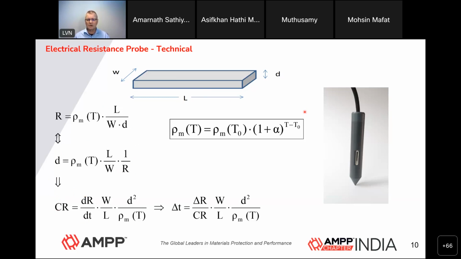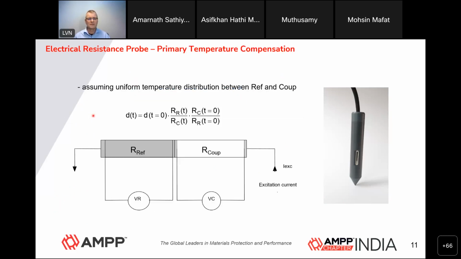Right? The drawback of this principle is that not only the dimension of the element affects the resistance of the element, but also the temperature. And therefore you need to embed another element inside and shield it from the environment, so that you have two elements, one reference element and one exposed coupon element.